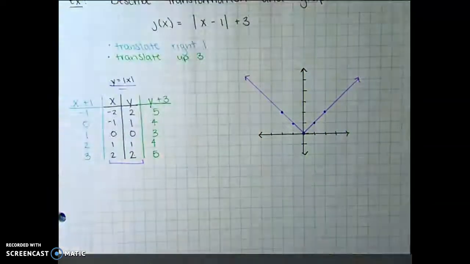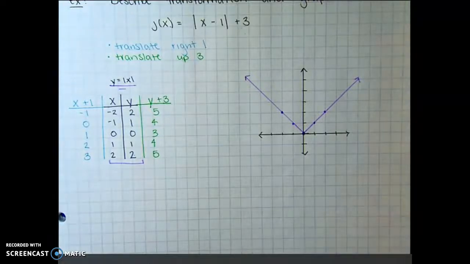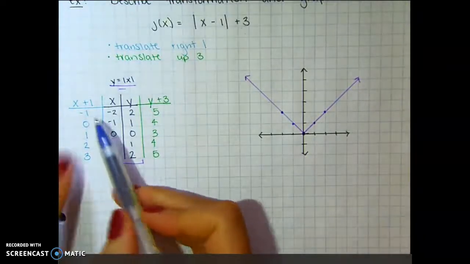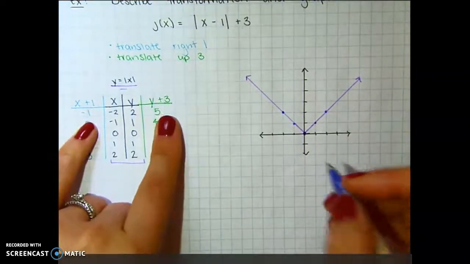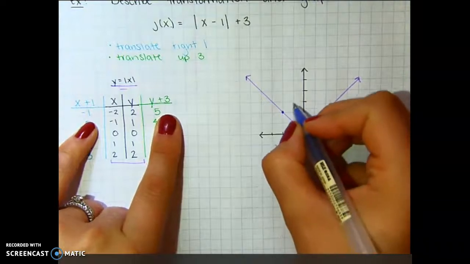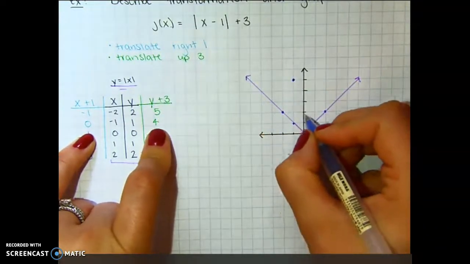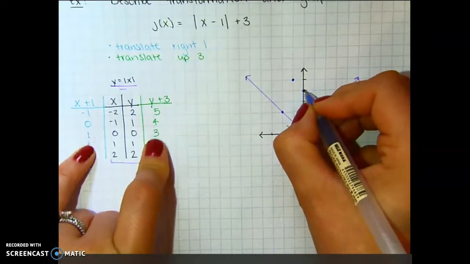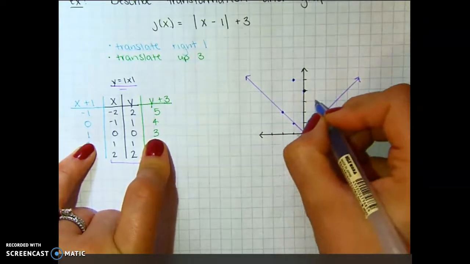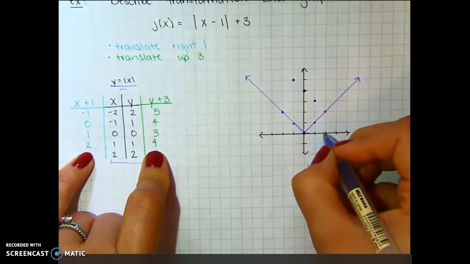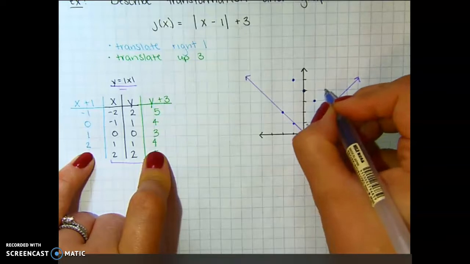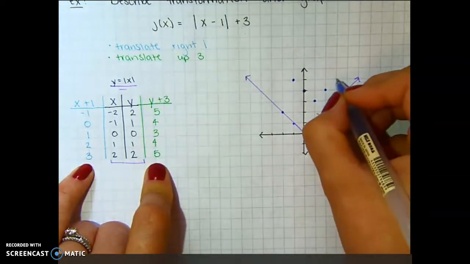Okay. Now my transformed function, so -1, 5. 0, 4, 1, 3, 2, 4, and 3, 5.